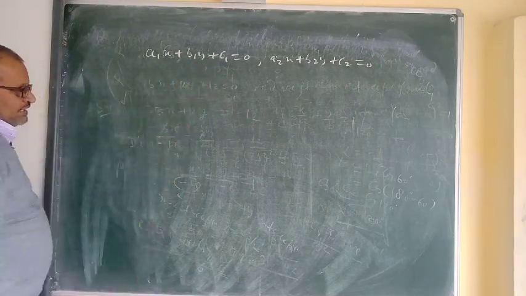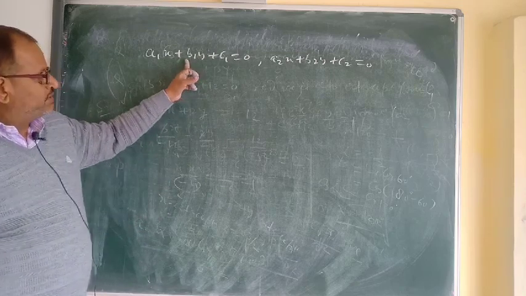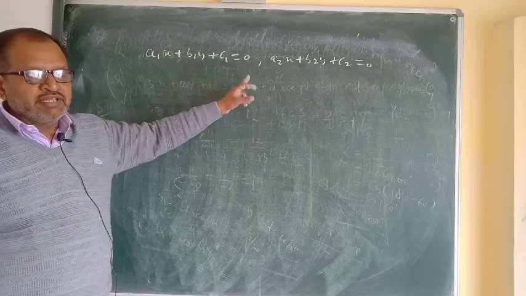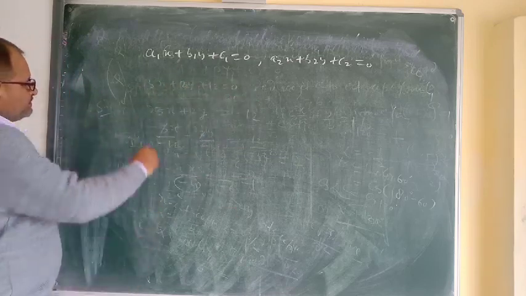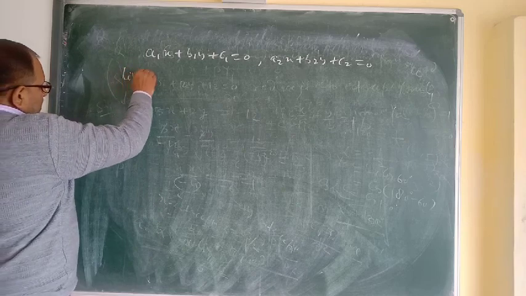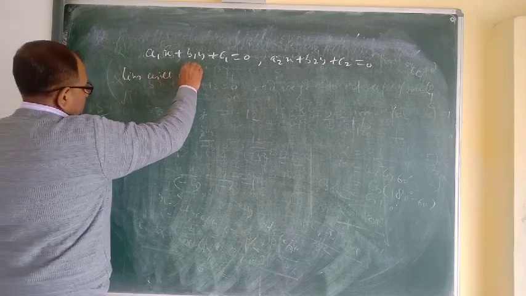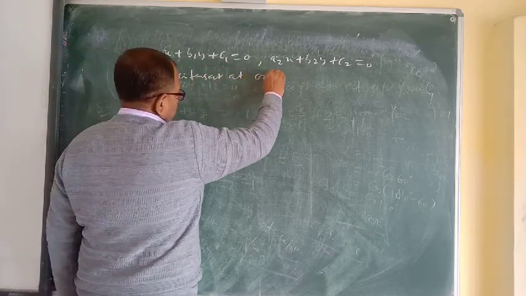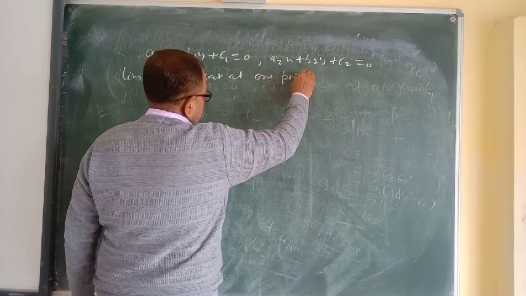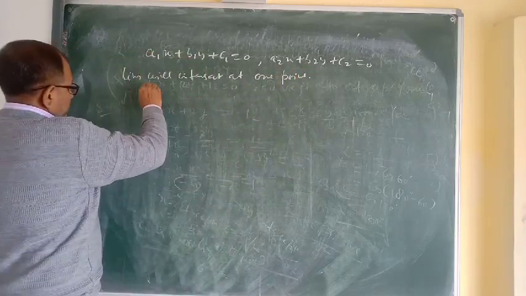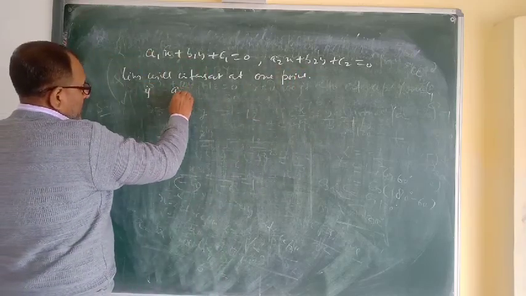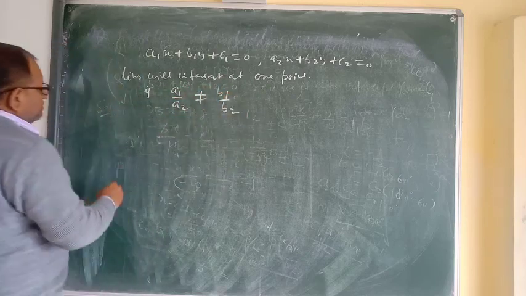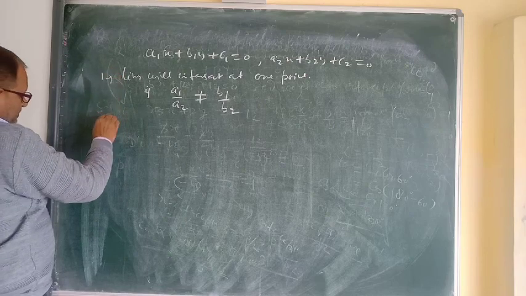When these two lines will intersect at one point, only one point, means unique point, if the condition is what? a1 upon a2 not equal to b1 upon b2. This is the first case.